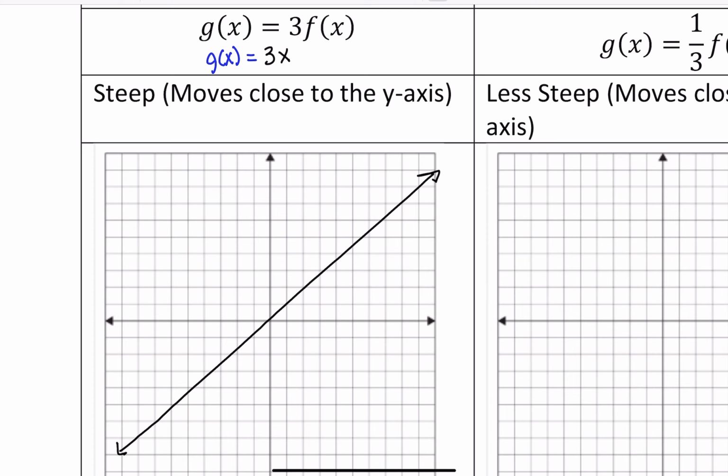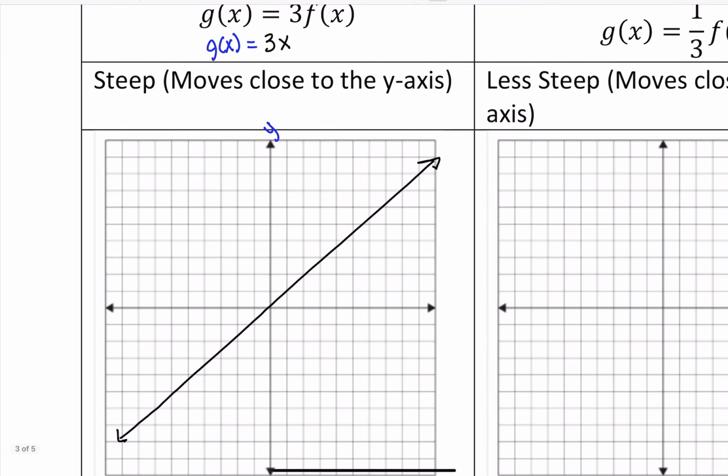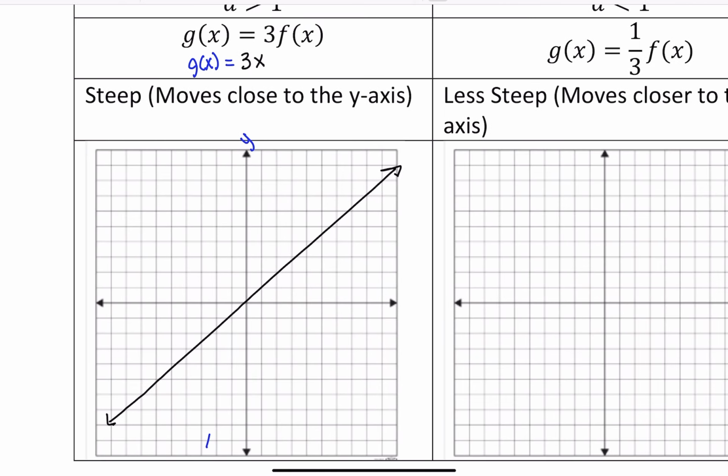The steeper it is, the closer it goes to the y-axis. So when it's bigger than 1, it's going to go more something like this. My black is my parent function, which is x. My blue is going to be 3x. So it's closer to the y-axis, so it's more steep, okay?